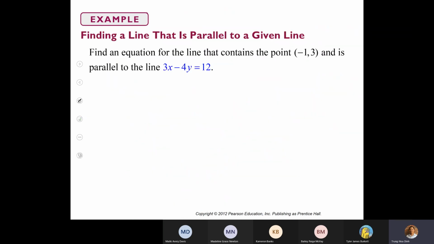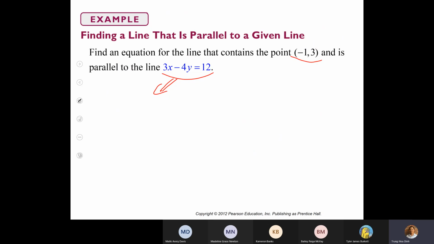I think this would be the last example for today. Find the line that is parallel to a given line. They give you a point and a straight line, and you need to find the equation of the straight line passing through this point and parallel to this one. As I said, if they give you this straight line, that means they give you the slope.